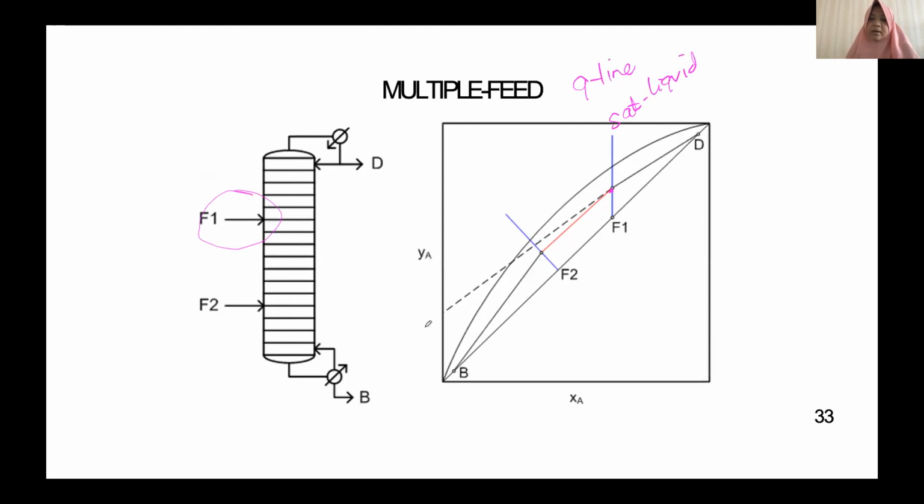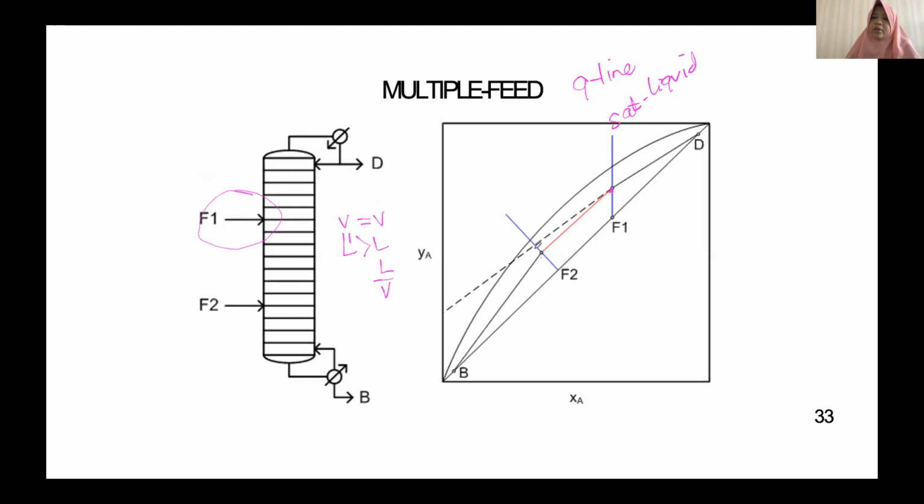Because of saturated liquid, over here L dash is more than L, and V is the same. So that means the slope L over V would be a little bit steeper, so the slope is higher. That's why it would look like this.